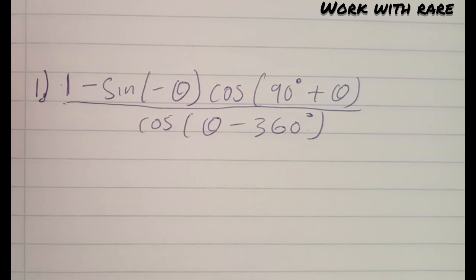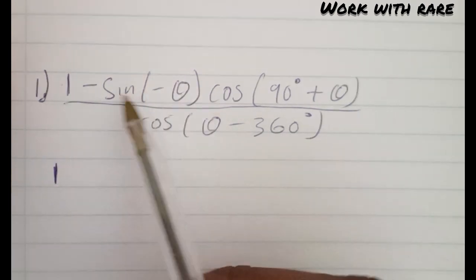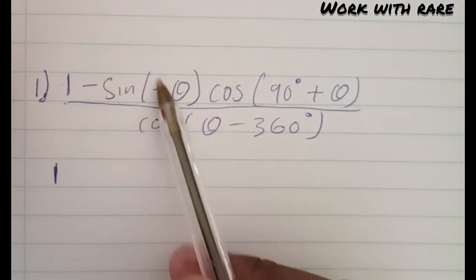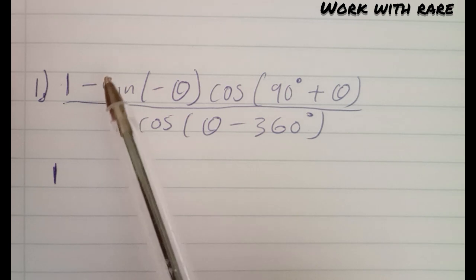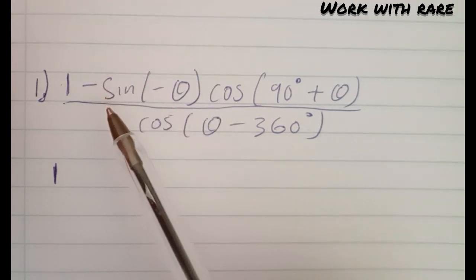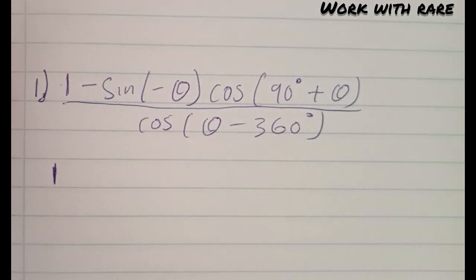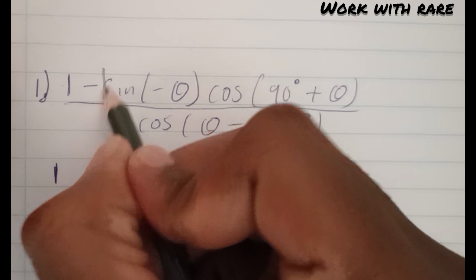Okay, so first step, we'll say, okay, here we have 1, but here it's a negative sign. Actually, this part only. Okay, let me use a pencil. This part only.